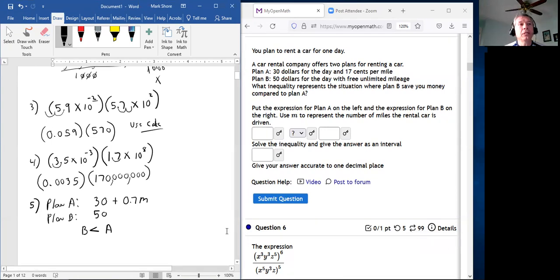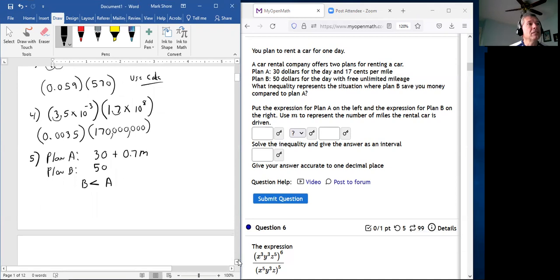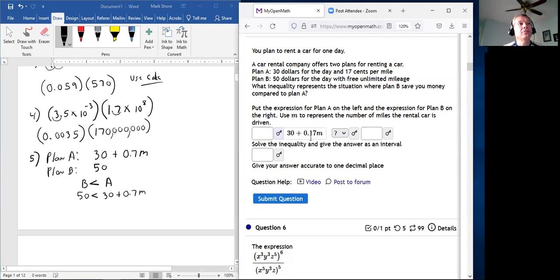And we just fill in here what the different things are. Like plan B is this stuff, 50. That's all. And plan A is this stuff here, 30 plus 0.7 M. And that's really all you need to type into here. Oh, here it says use M to represent the number of miles the car is driven.